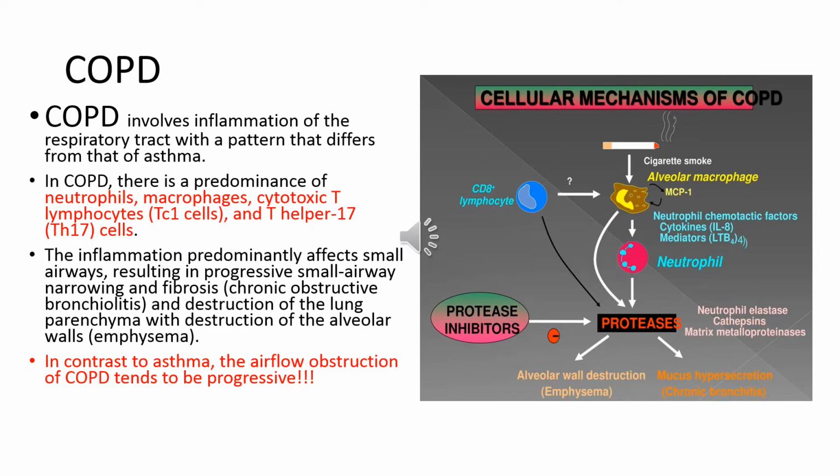The inflammation predominantly affects small airways, resulting in progressive small airway narrowing and fibrosis, chronic obstructive bronchiolitis, and destruction of the lung parenchyma with destruction of the alveolar walls, emphysema. In contrast to asthma, the airflow obstruction of COPD tends to be progressive.